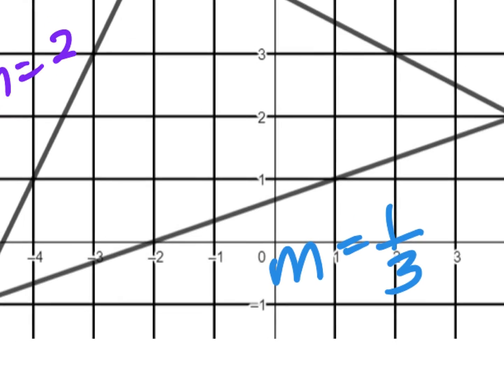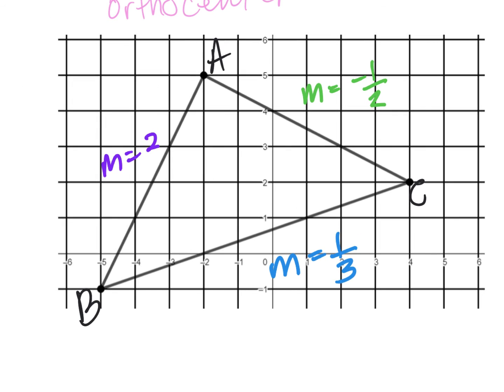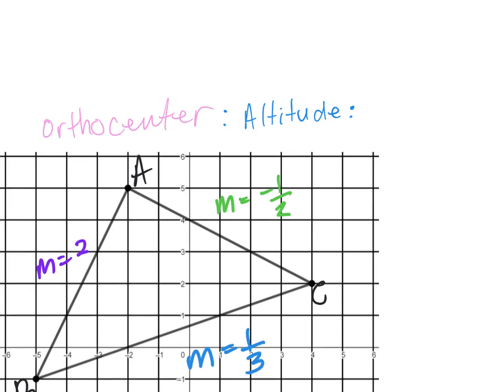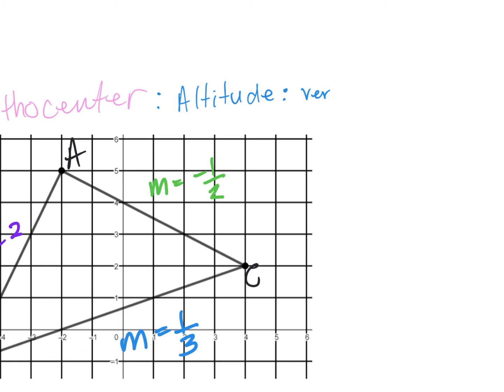Okay, so in order to construct the altitude, which is for the orthocenter, the endpoints is a vertex straight down to the opposite side, perpendicularly.